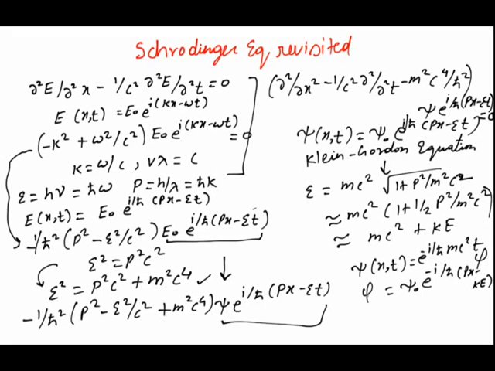With this, if we substitute back, the Klein-Gordon equation reduces to something like this: h bar square over 2m.